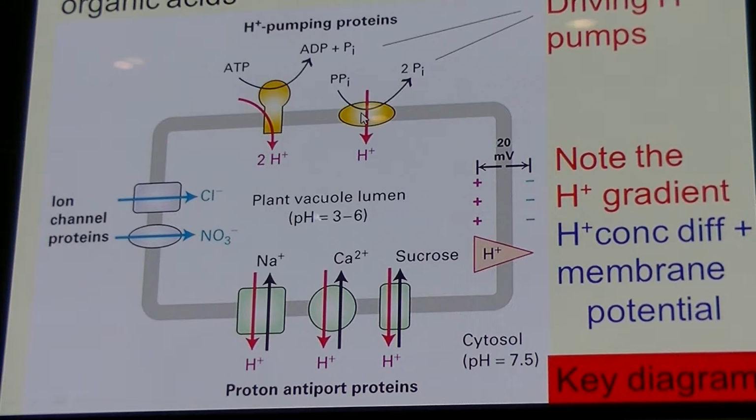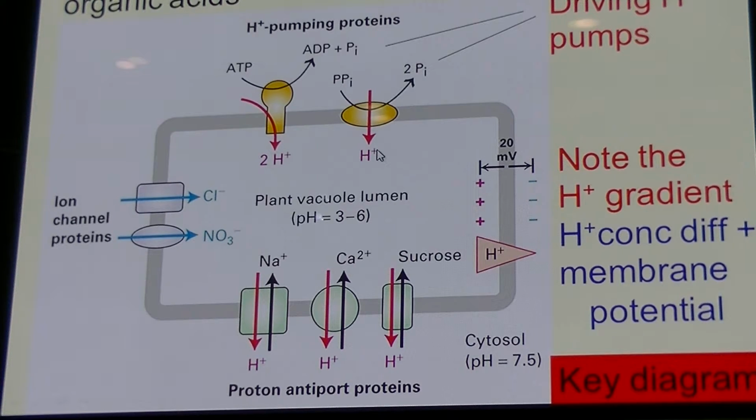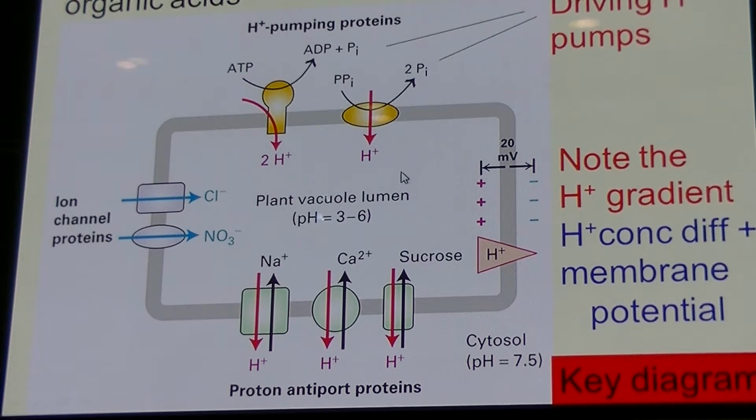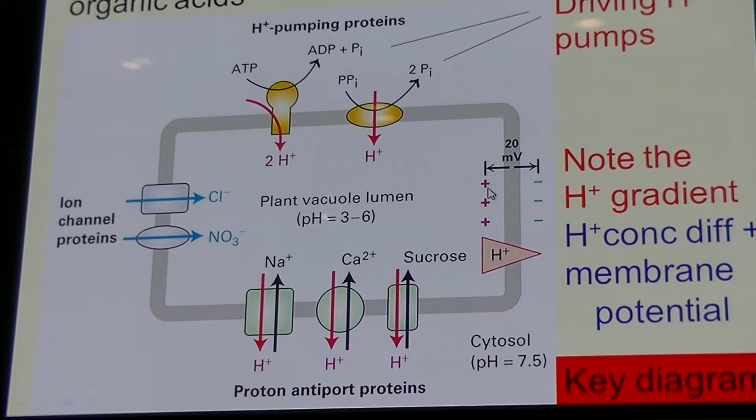This is a V-class type transporter, which uses the energy of pyrophosphate, splits that, and it can also move protons. So we accumulate protons. So the pH in the lumen is low, and therefore it's positively charged also here. So we see the membrane potential. We have excess protons inside, fewer protons outside.